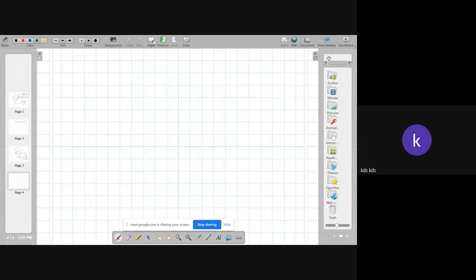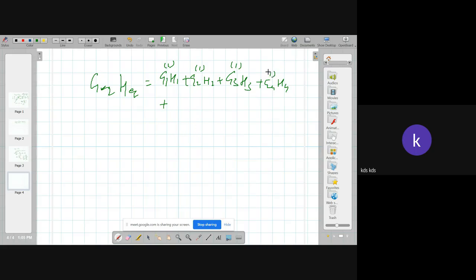Using the formula, G equivalent H equivalent is equal to G1 H1, G2 H2, G3 H3, G4 H4 for power station number 1, plus G1 H1, G2 H2 and G3 H3 for power station number 2.